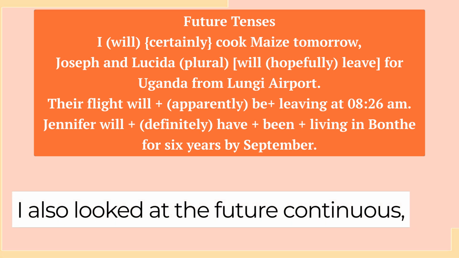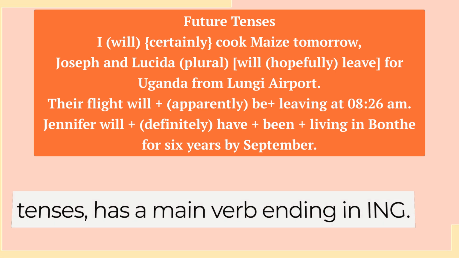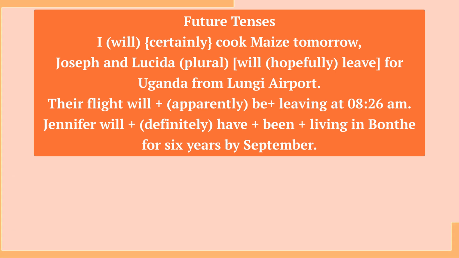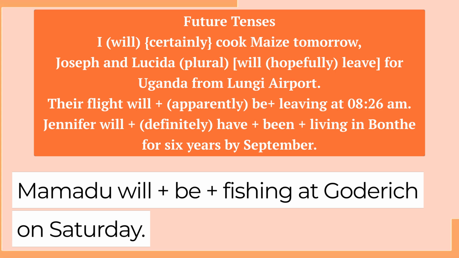I also looked at the future continuous, which by now you would know, as with all continuous tenses, has a main verb ending in ing. Mamadou will be fishing at Godrich on Saturday.